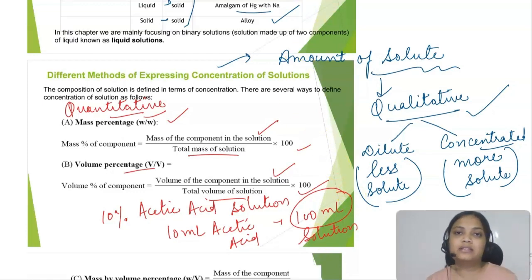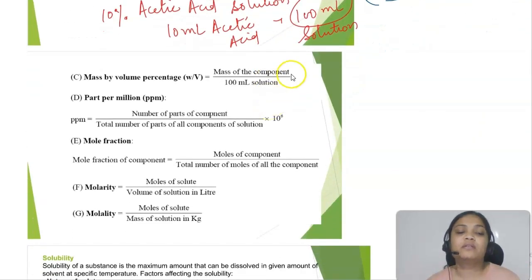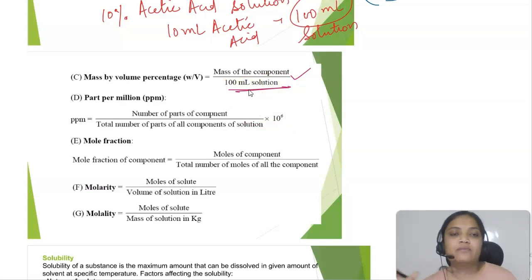Okay, that is volume by volume percentage. Now students, mass by volume percentage means mass of the component that is present in 100 milliliter of the solution. So that will be mass by volume percentage.